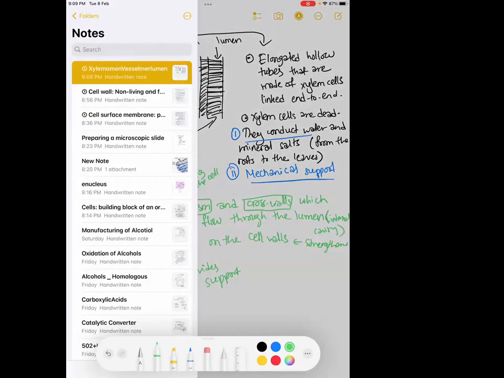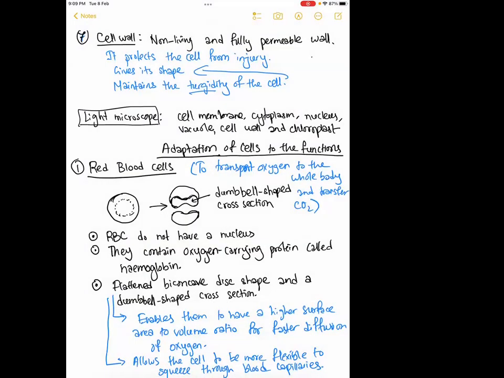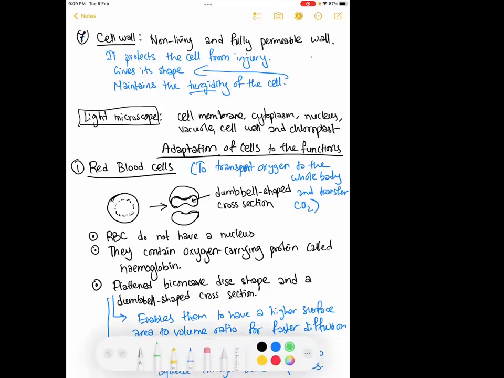I'm just going to write it there again. I think I missed it out. Non-living, fully permeable, made of cellulose. Okay. Let's go back.